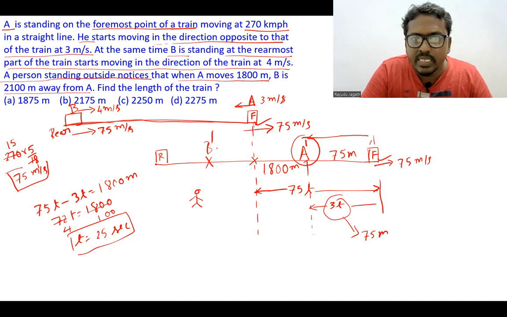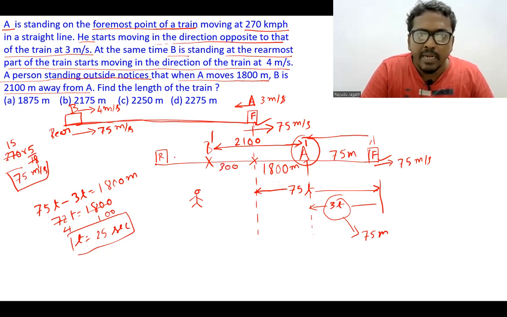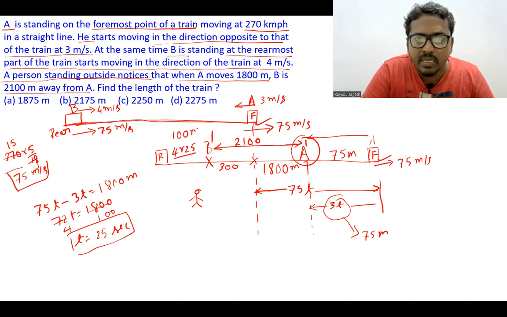This distance from B dash to A dash is given as 2100. And during those 25 seconds, B has moved 4 meters per second into 25, which is 100 meters.